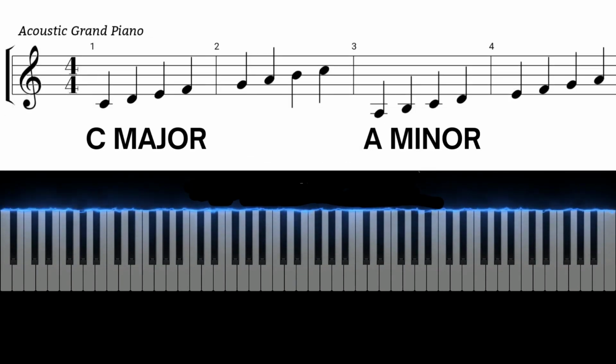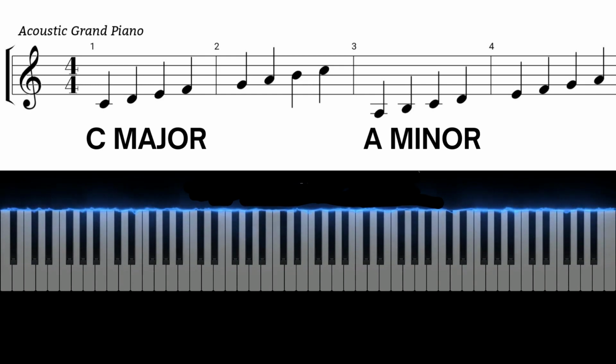The first 2 examples of major and minor scales were C major and A minor. Let's look at them together. C major is C, D, E, F, G, A, B, C. A minor is A, B, C, D, E, F, G, A. Notice how both scales have no sharps and no flats.